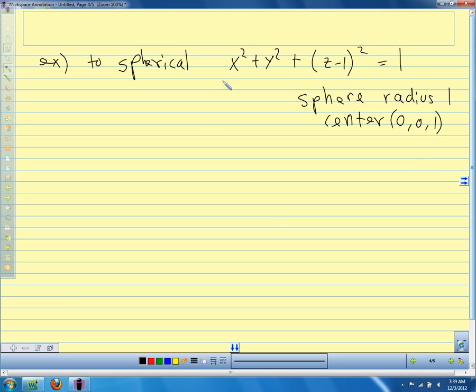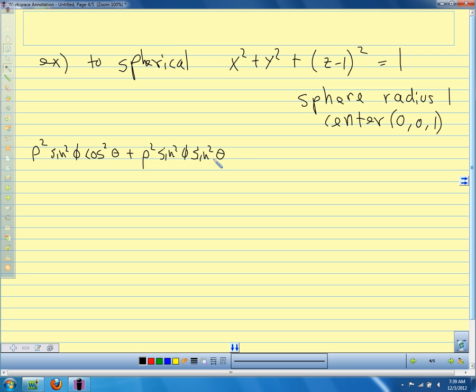So let's plug in our equivalents for x squared, y squared, and this quantity in spherical coordinates. So x squared is rho squared sine squared phi cosine squared theta plus rho squared sine squared phi sine squared theta.